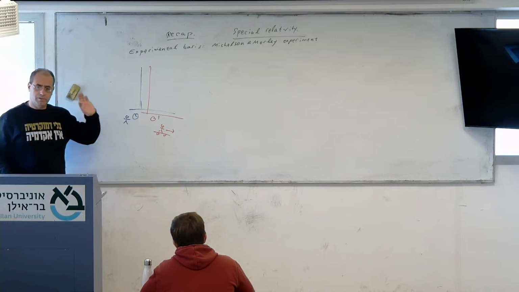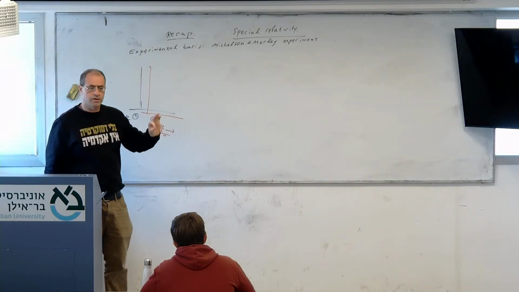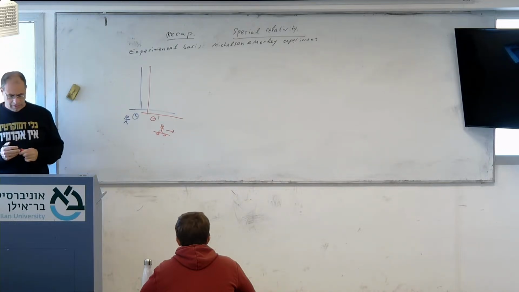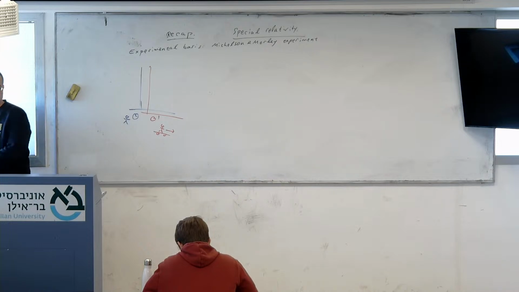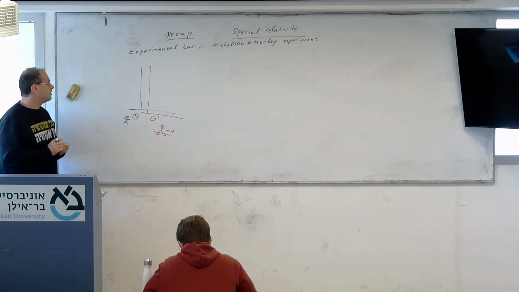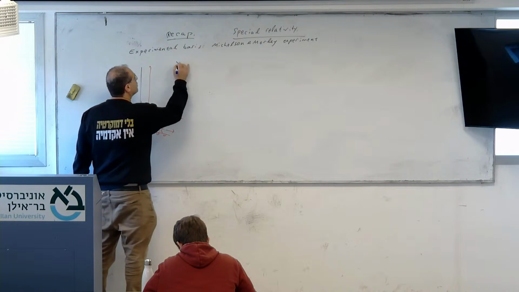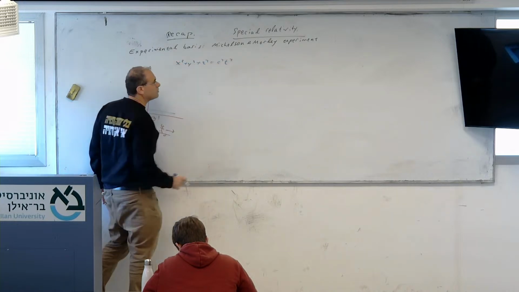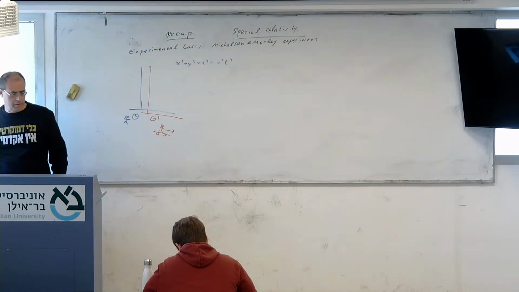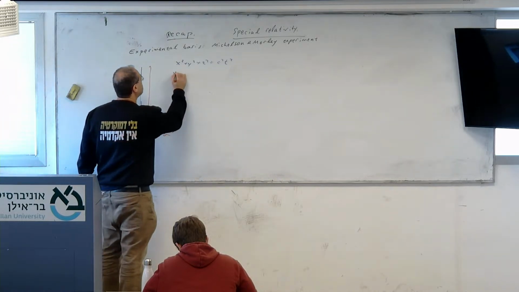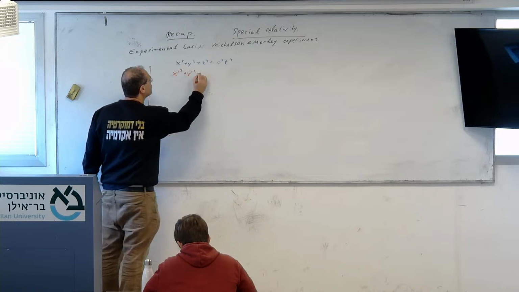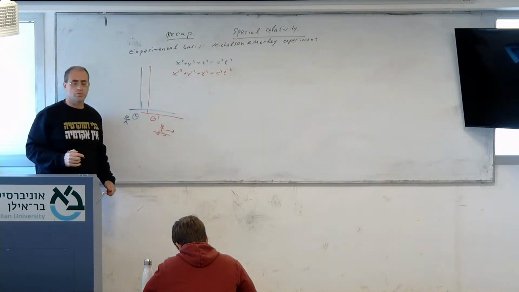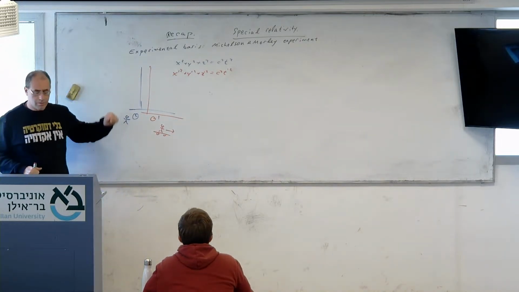At time t equal to 0, with x, y, z equal to 0, a crest of light is emitted. Then each one will argue that the crest of light is at location x squared plus y squared plus z squared equal to c squared t squared in the unprimed frame, and x prime squared plus y prime squared plus z prime squared equal to c squared t prime squared in the prime frame. c is the speed of light.